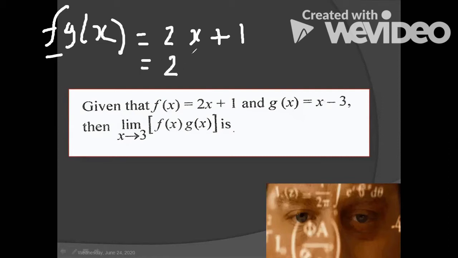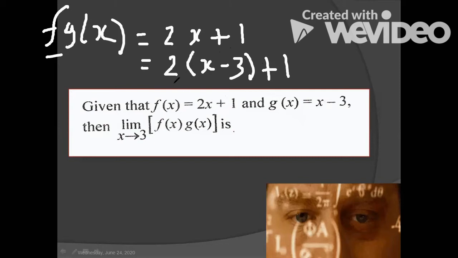But what is g(x)? It's x minus 3 plus 1. Where does the plus 1 come from? The plus 1 comes from the original thing. The first thing that comes here is f, doesn't it? And f(x) is 2x plus 1. So this plus 1 came from the original question.